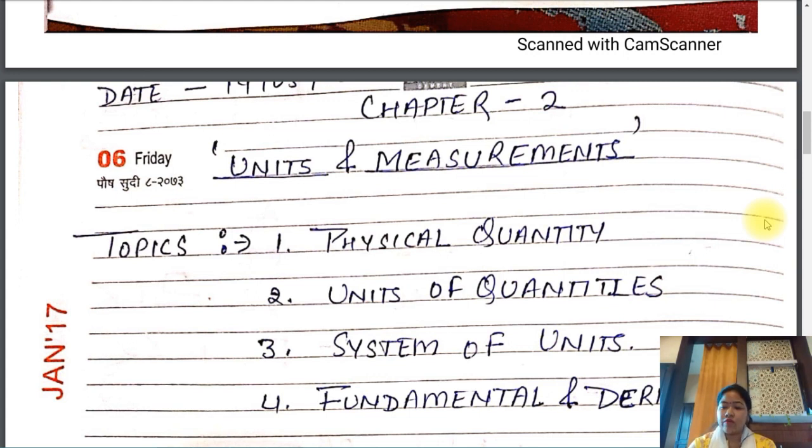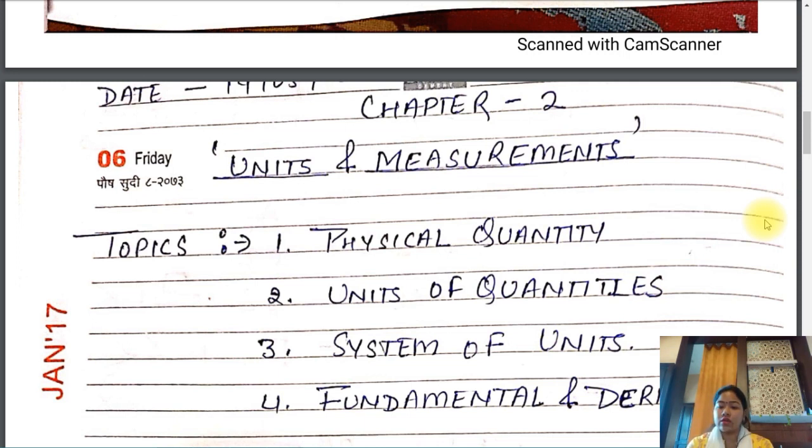That means we use distance to calculate the amount between one point and another point. We calculate the velocity of an object, the acceleration of an object, and the mass of an object.